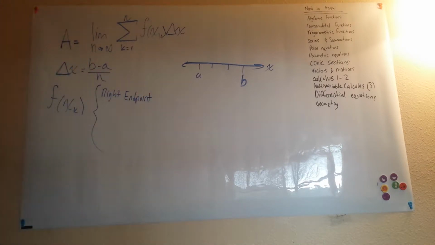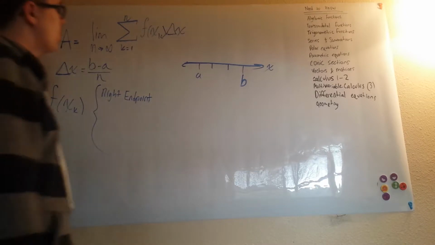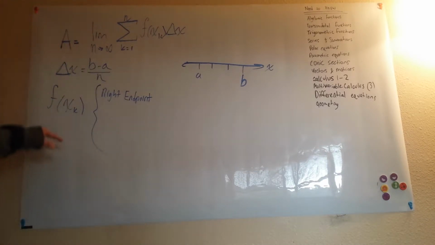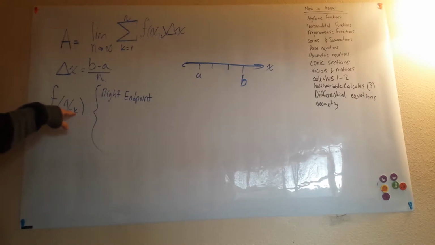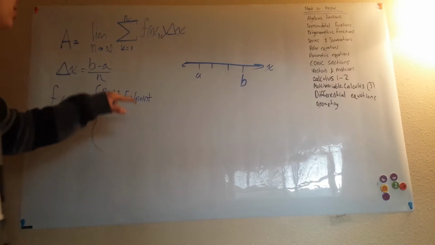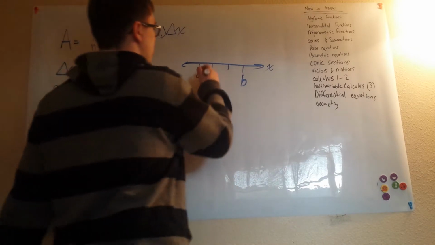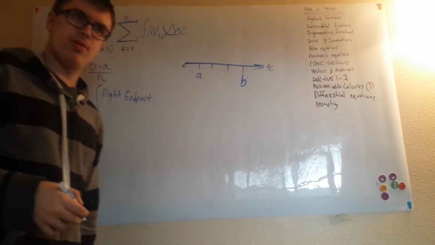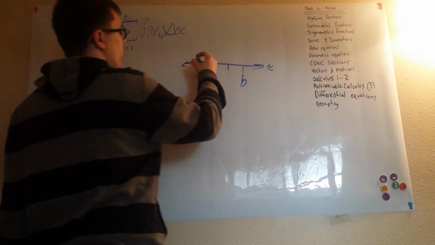What is it going to be? Because this takes the x position of the rectangle and plugs it into the function. If all x positions of the rectangles are the right endpoints, what is the formula of every right endpoint?